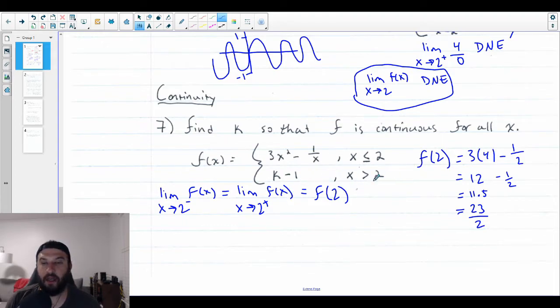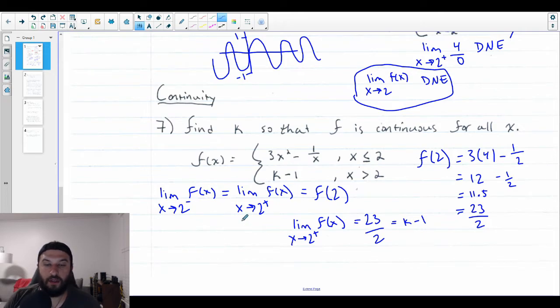So in order for this function to be continuous, right, we need the left-hand limit to equal the right-hand limit. So I'm going to set the right-hand limit to be equal to 23 over 2. Okay. In order to make that happen, I need k minus 1 to equal 23 over 2.